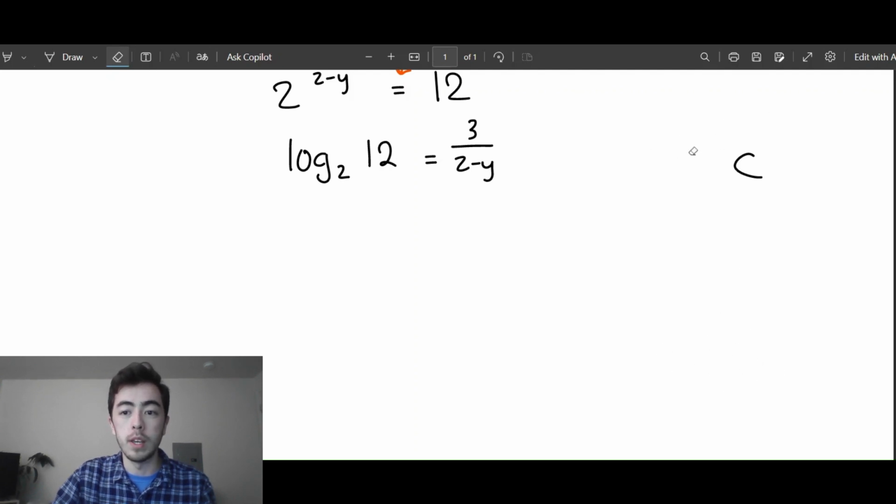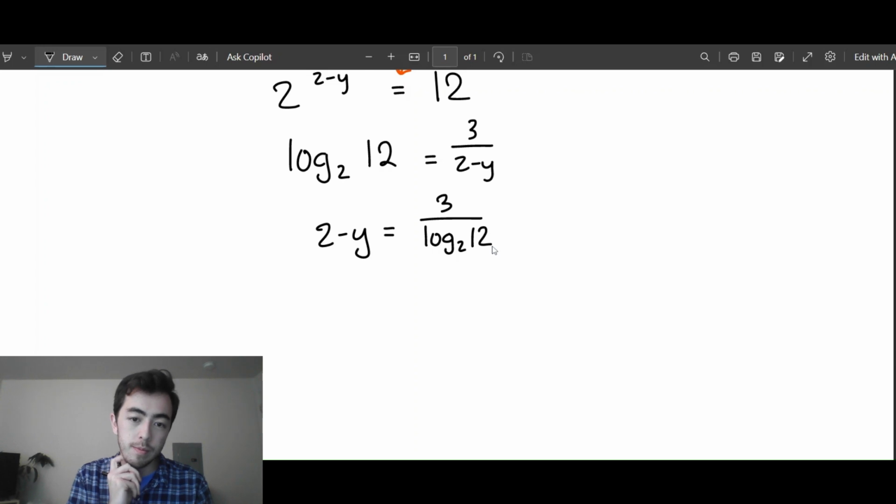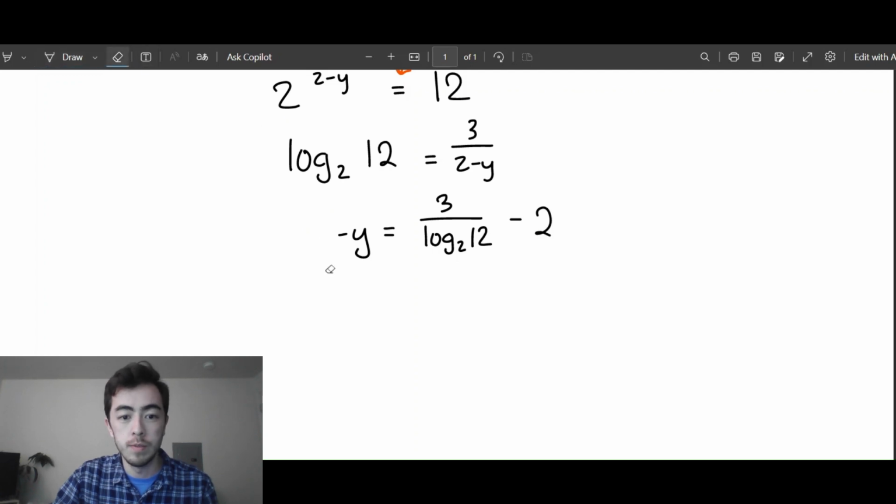I'll swap the locations of my denominator, so I'll put 2 minus y over here, and this part on the left side of the equation, so 3 over log base 2 of 12. All right, I should isolate y, so I'll subtract a 2 from both sides.